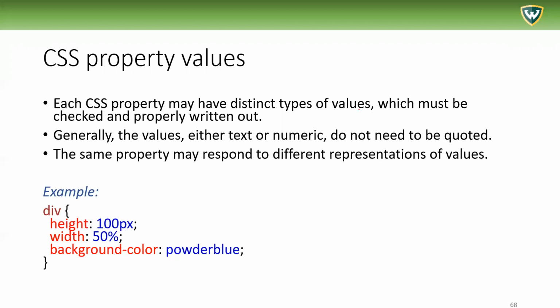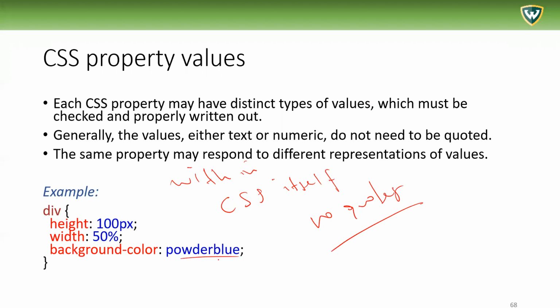Now, within the CSS style itself, usually no quotes needed. So if we're dealing with a number, or we're dealing with percentage, or we're dealing with like string text values, we don't need to write quotes, because often when we're dealing with values, we need to write quotes, but not within the CSS style itself.